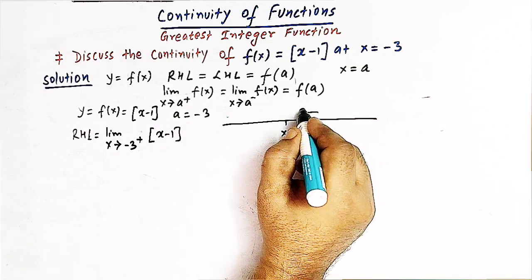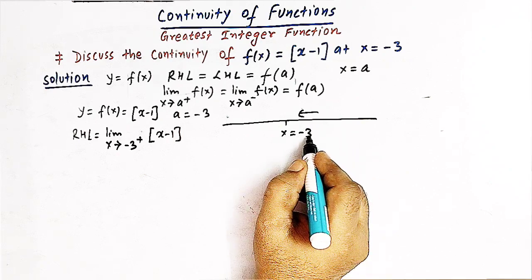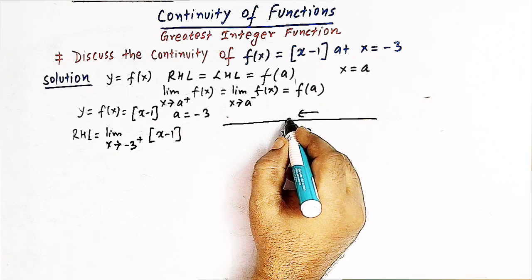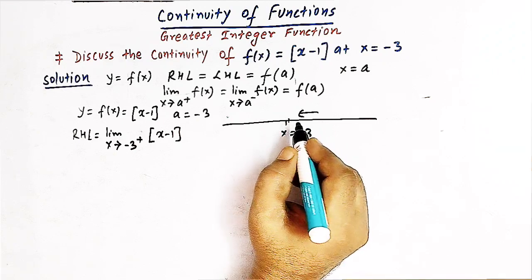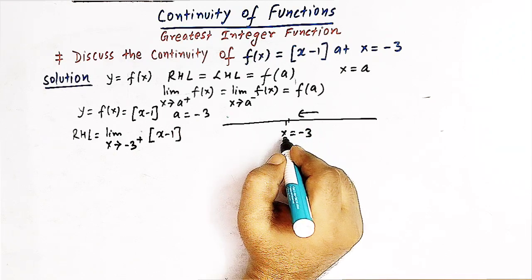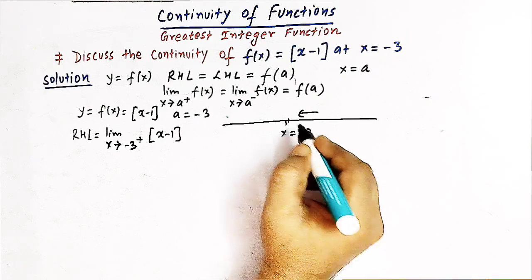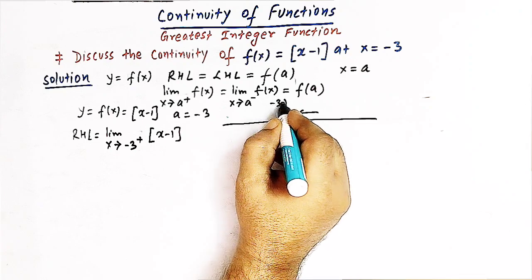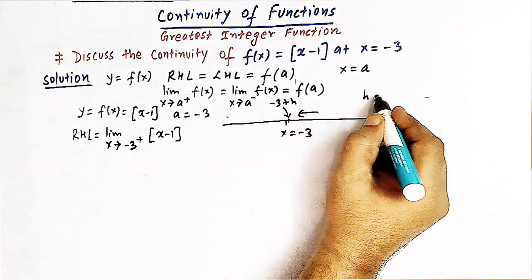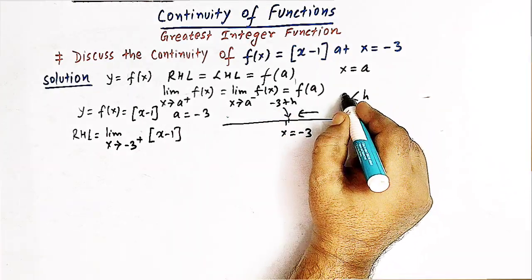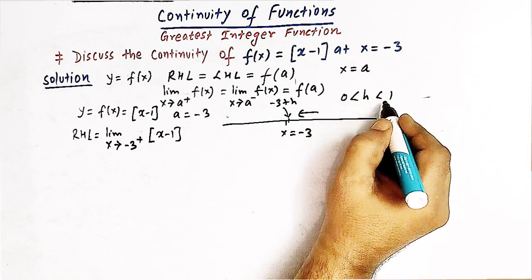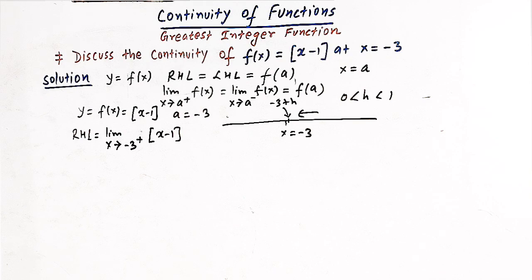When we approach x equal to minus 3 from the right, we reach a point very close to minus 3, and this point may be taken as minus 3 plus h, where h is a positive quantity between 0 and 1, and h is infinitesimally small.